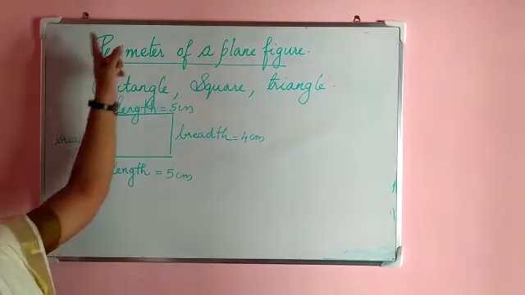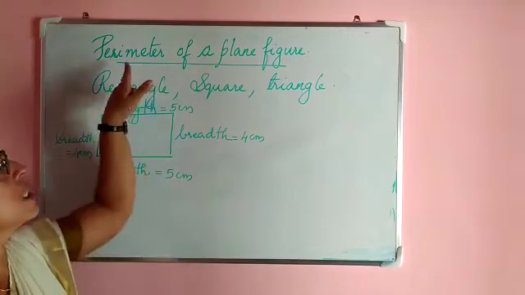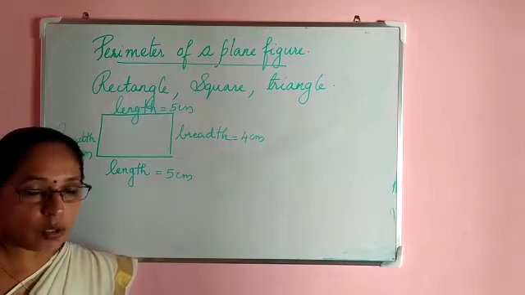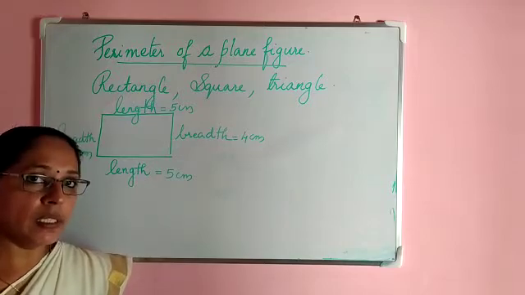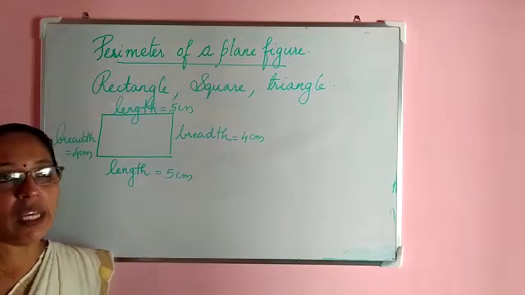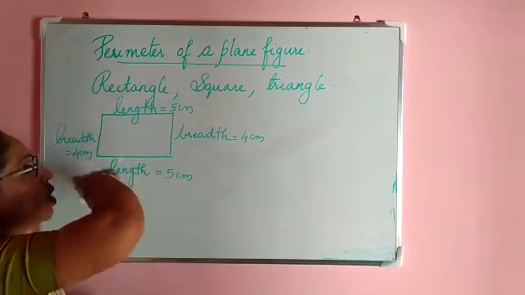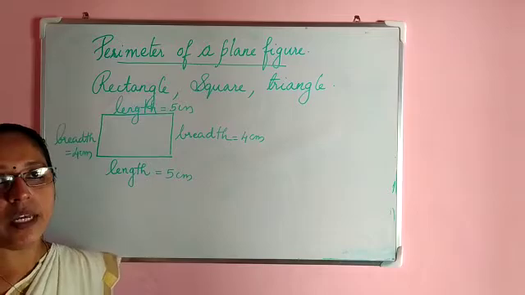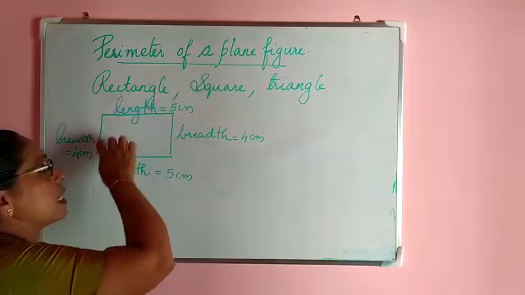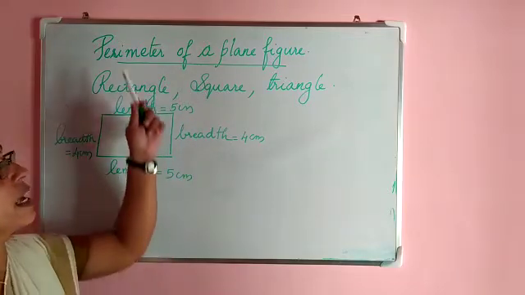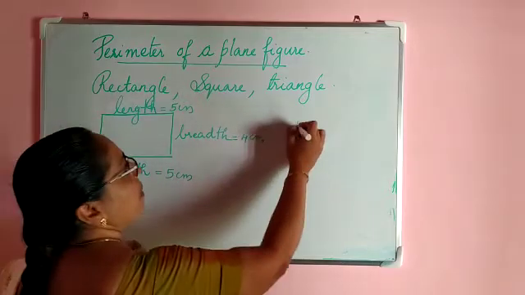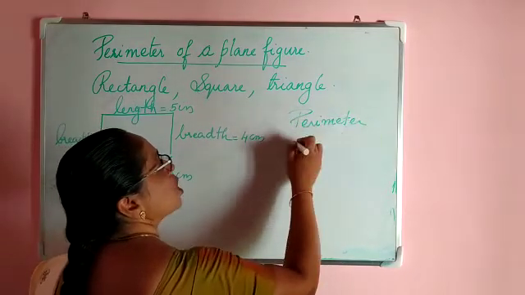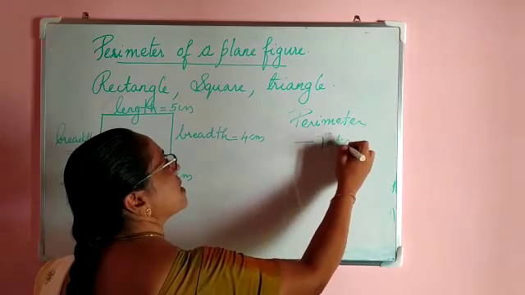Then what is the perimeter? Now we come to the concept of perimeter. What is the meaning of perimeter? Children, do you have any idea of perimeter? No. Okay, perimeter means the total distance around a plane figure. So perimeter means total distance.